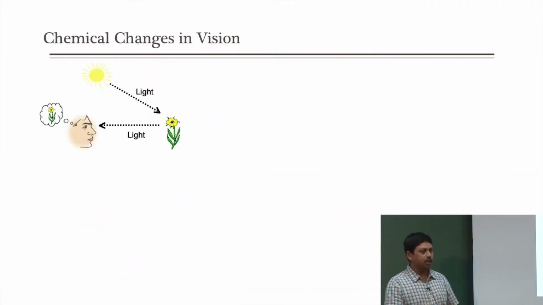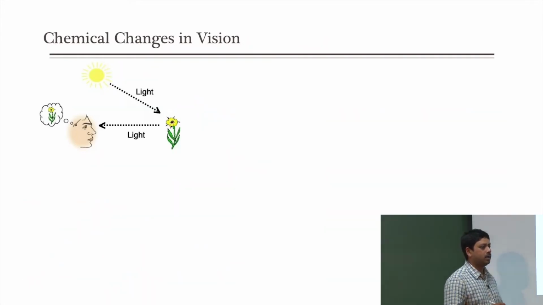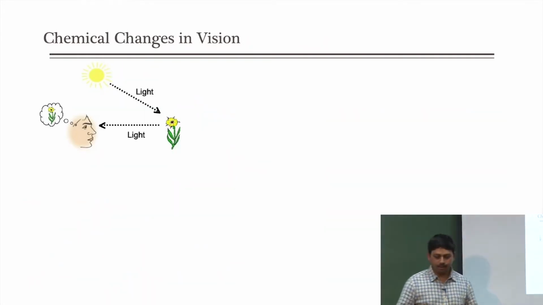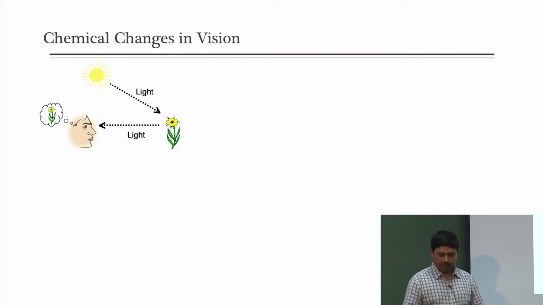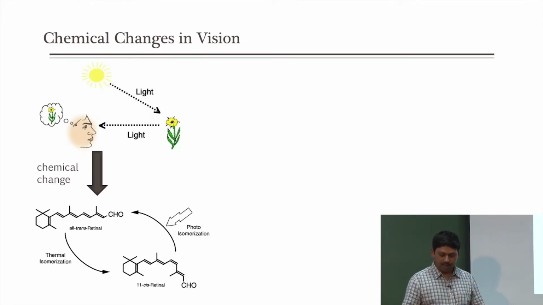And let us talk about another thing. When we open our eyes in the morning, thermodynamic principles start playing a role. For example, when light falls on an object and then comes to our eye, something happens: a chemical change. There is an all-trans retinol molecule that photoisomerizes to cis retinol.